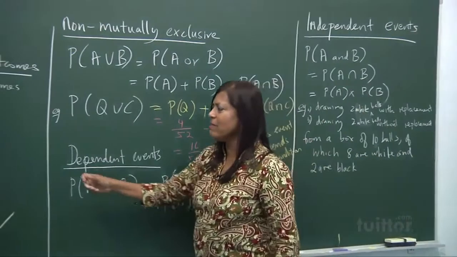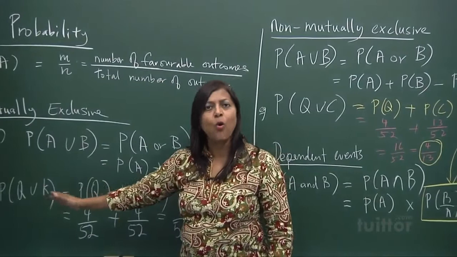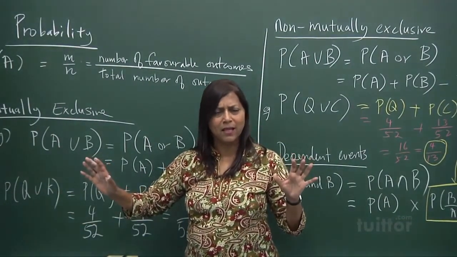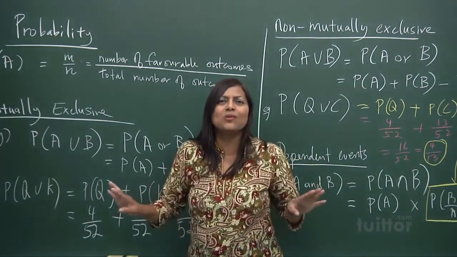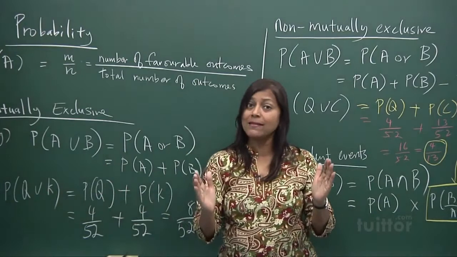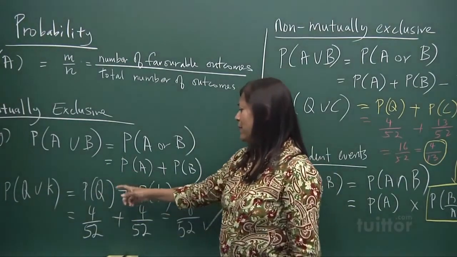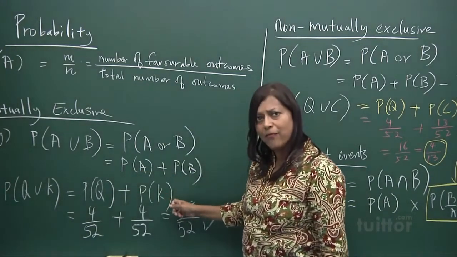Unlike in mutually exclusive, when we talk about a queen or a king, a queen can never be a king and a king can never be a queen. Alright? So they're exclusive, but they're all in that set of card games. So it is this formula: the probability of a queen plus the probability of a king.